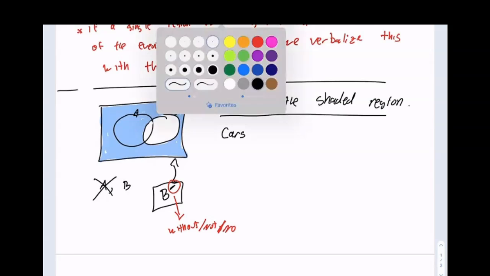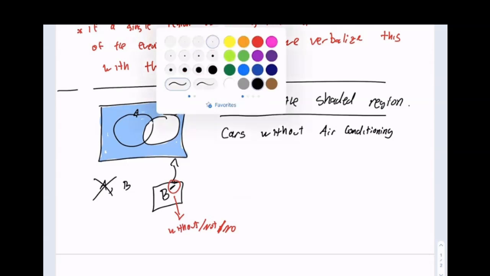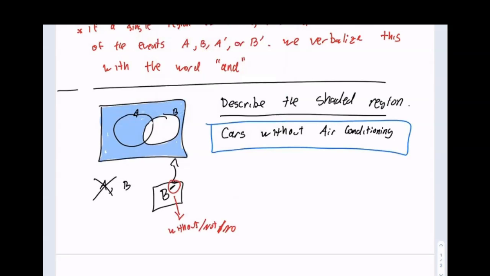So this represents cars without air conditioning, because the sunroof region doesn't even matter. And this region is represented as B prime. So we can utilize that connection and the notation that we've used about intersections or unions and so forth to get an idea of the problem.